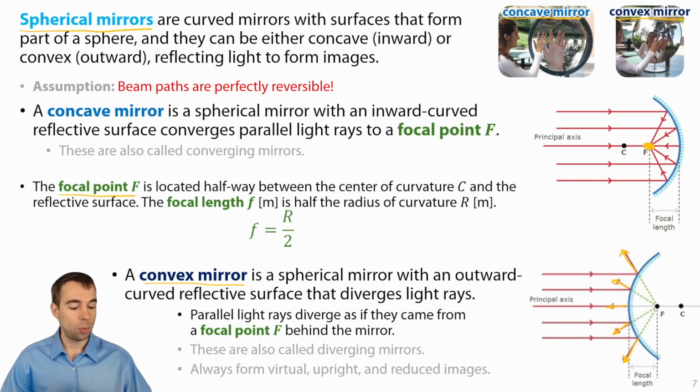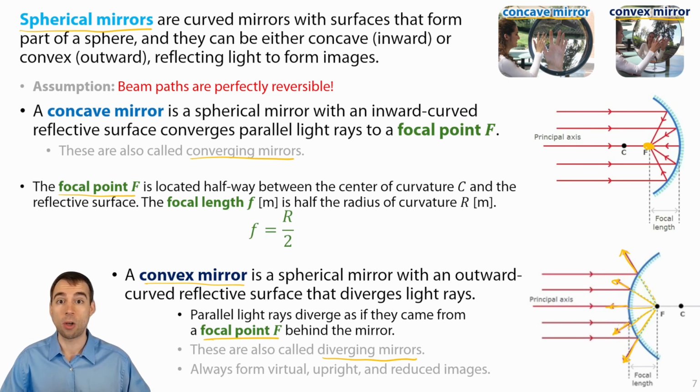And we would say that this is called a diverging mirror, whereas the concave mirror was considered a converging mirror, because in concave, all the light rays will converge to a central point, whereas in convex, all the light rays that come in parallel will diverge from a central point. And that central point that the light rays appear to be diverging from would also be called the focal point F of this mirror.